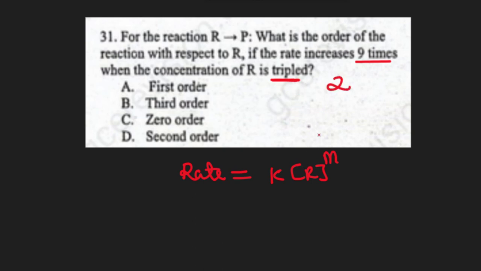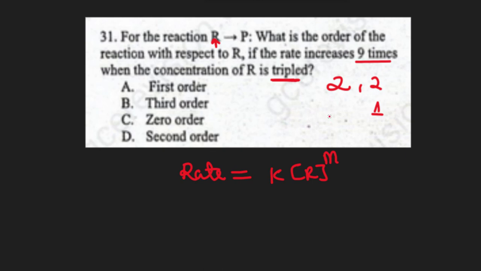The order is 2. Likewise, when the concentration of R doubles and the rate increases 4 times, the order is also 2. When the concentration doubles and the rate doubles, it is first order. What happens if the rate does not change even though the concentration doubles? It is now said to be zero order.